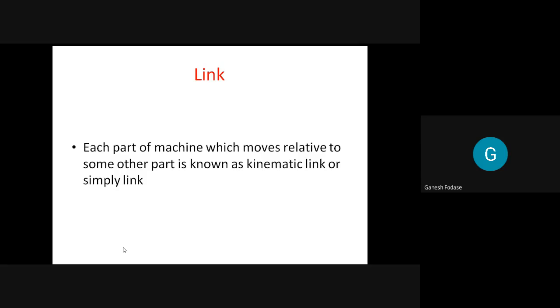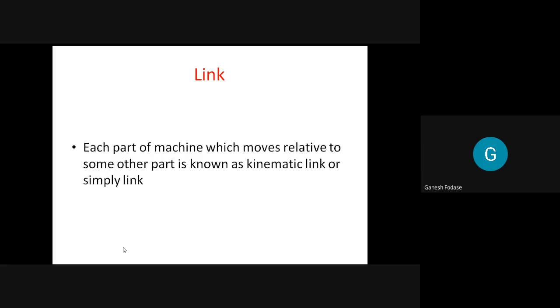In other words, a resistant body or a group of resistant bodies with rigid connections preventing relative movement is known as a link.